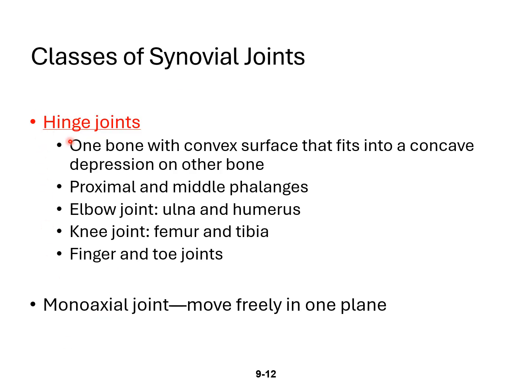Hinge. One bone with a convex surface that fits into a concave depression on another. Proximal and middle phalanges, so these are going to be the ends of your fingertips. Elbow joint, knee joint, finger and toe joints. Monoaxial. They move freely in one plane, either forward or back. And that's just going to be one individual plane.